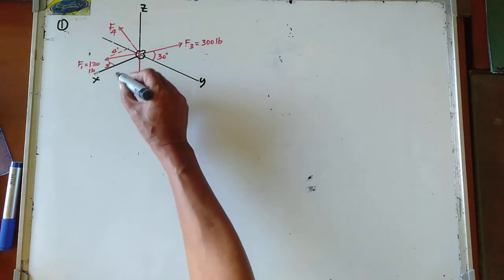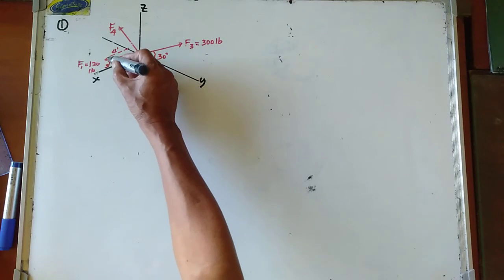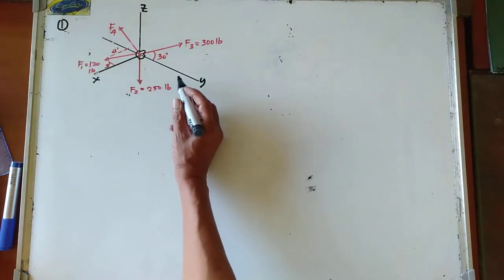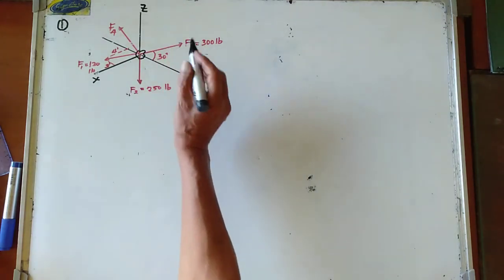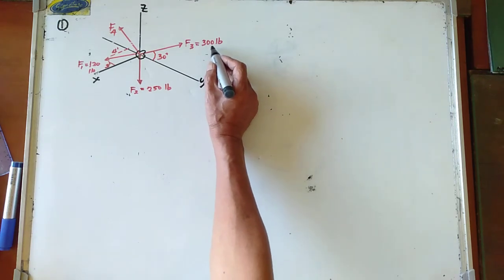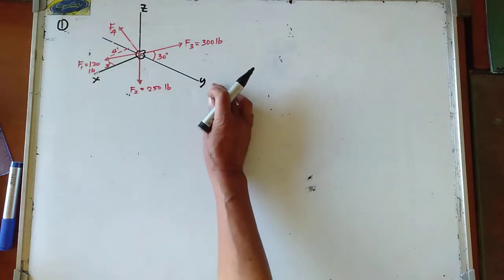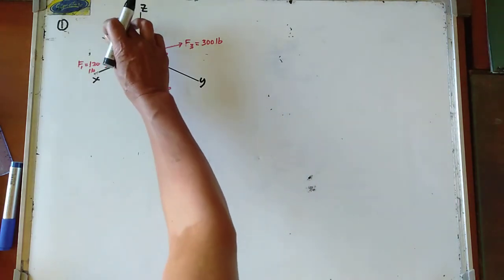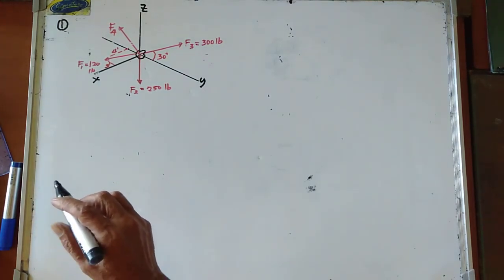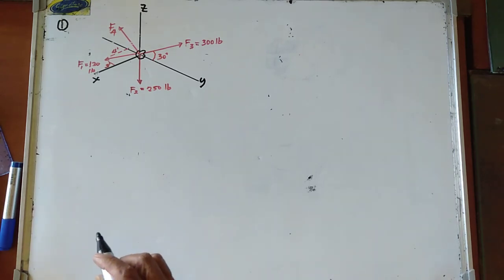Your x slope is 4 feet, and your y is 3 feet. Now your F2 is 250 pounds down along the z-axis. And your F3 is equal to 300 pounds, making an angle of 30 degrees with the y-axis. So we are required to determine the magnitude of F4 and the direction angles of F4.